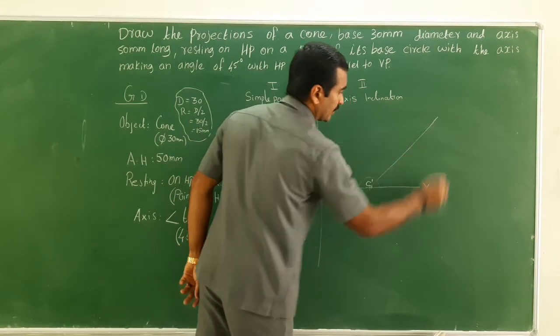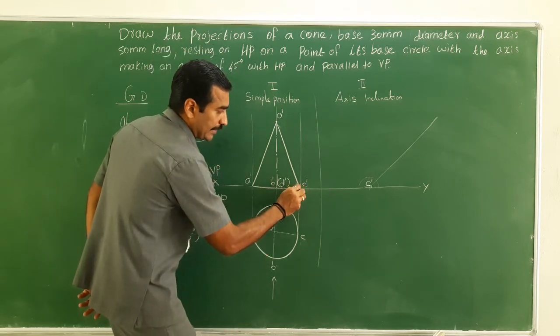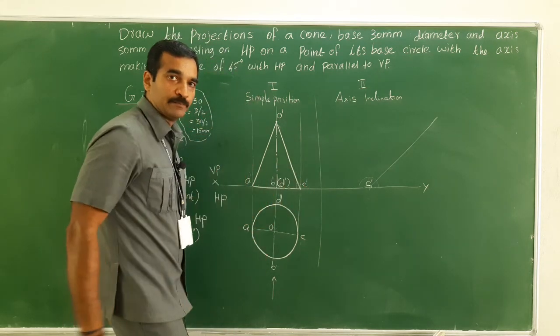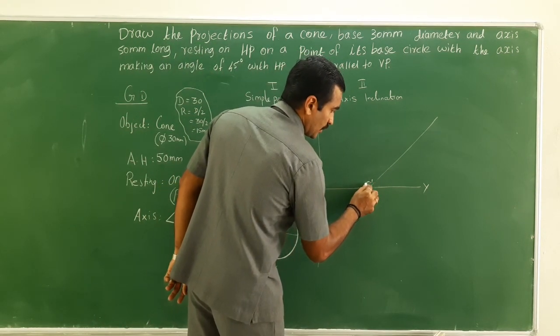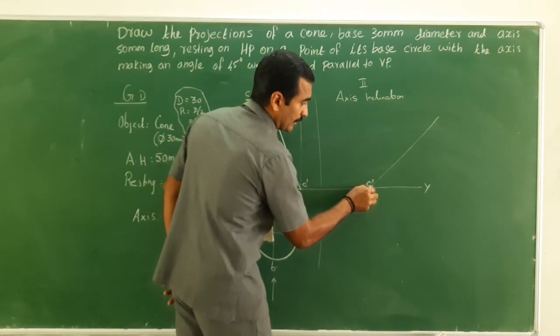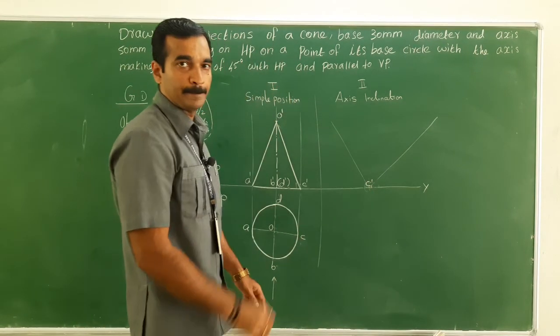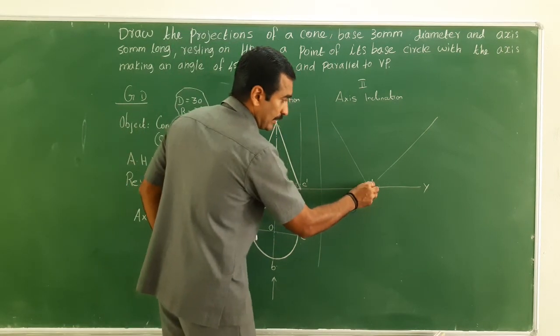So, draw the 45 degree line. Look here, the base is at 90 degrees with the imaginary line. So, you will have to keep your protractor in this manner, choose 90 degrees and draw a line. This is the base.